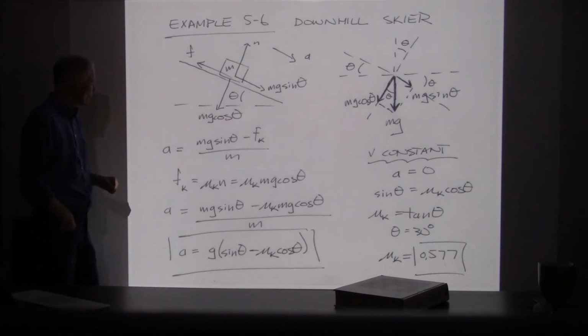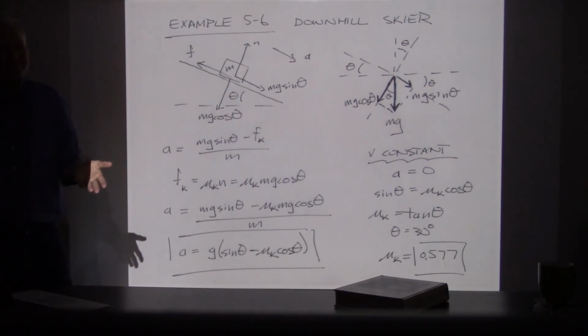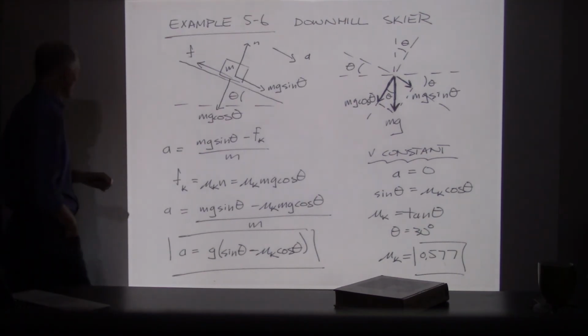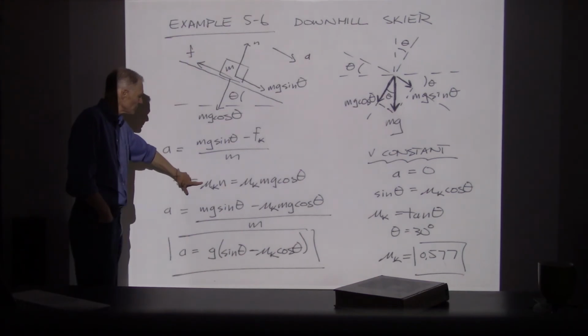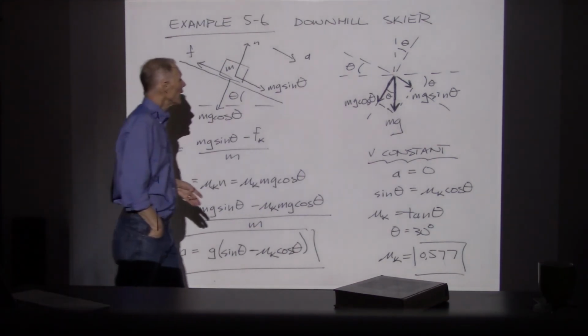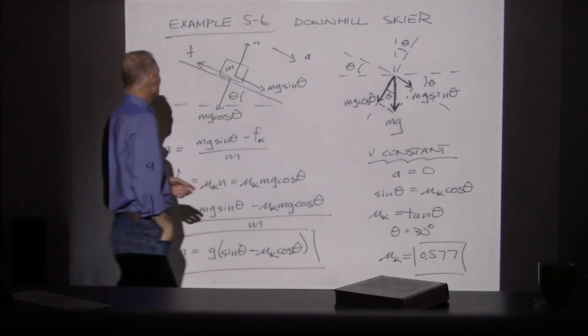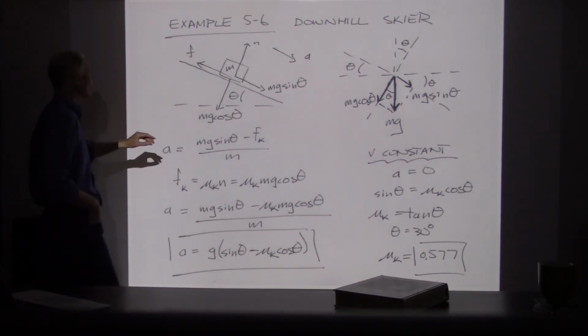Now the frictional force they're telling us is kinetic. The skier is sliding. They didn't have to tell us that, I guess. So this is kinetic, and that we're going to say is equal to mu sub k times n. Now we've got to find out what n is equal to. I guess we just did it all right here.